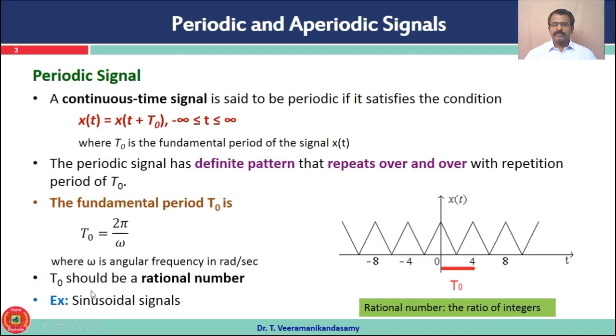Rational number means it is the ratio of integers. So if you have a ratio of integers as the t naught, definitely that is the value of t naught. That period repeats over and over throughout the limit of x of t, and that signal x of t is a periodic signal. For example, sinusoidal signals are always periodic signals, so the period will be repeated over and over.